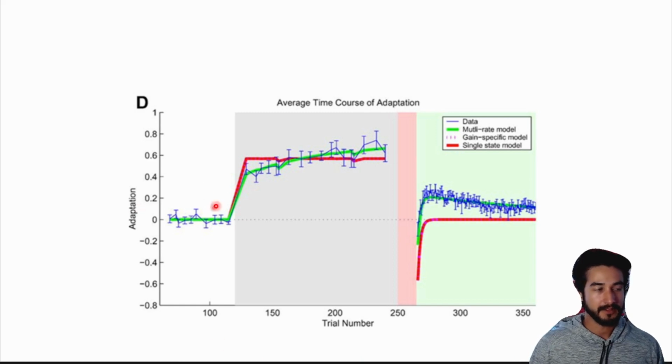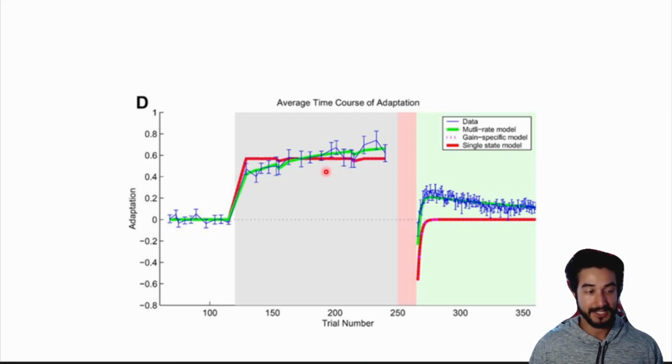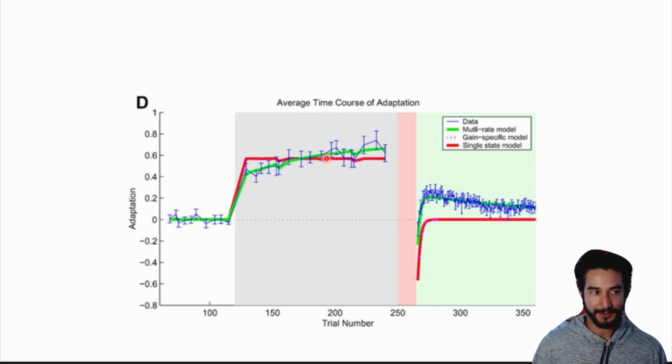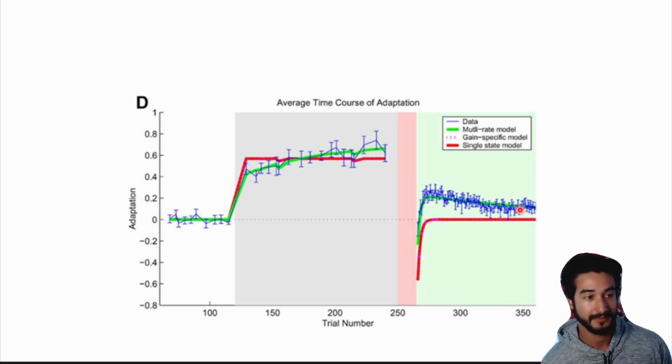The red line is the single state model, so it does a pretty good job of capturing the data during the adaptation trials, but it looks like it completely fails at capturing the data here. Whereas the green line, which is the multi-state or multi-rate model, does a much better job of capturing it during the adaptation trials, and is also very good at capturing it during the error clamp trials as well.